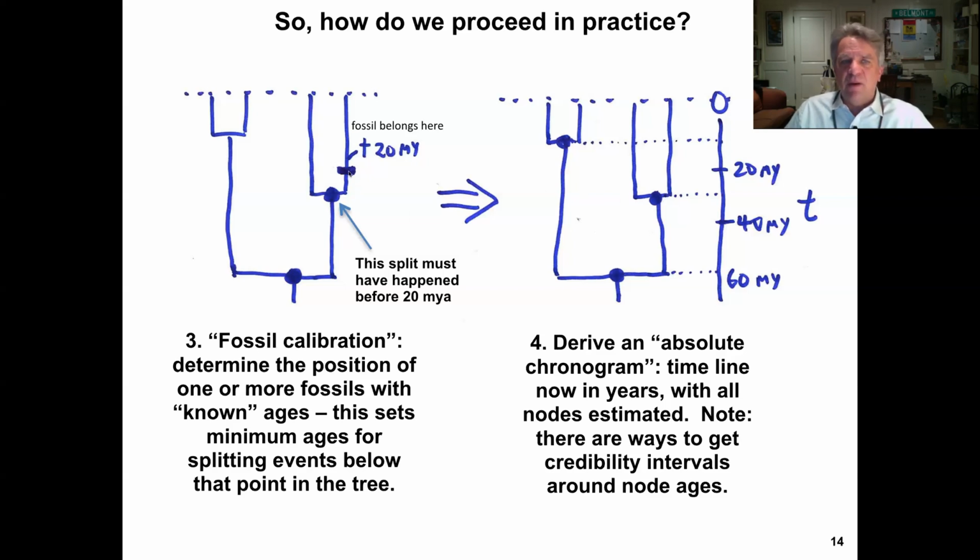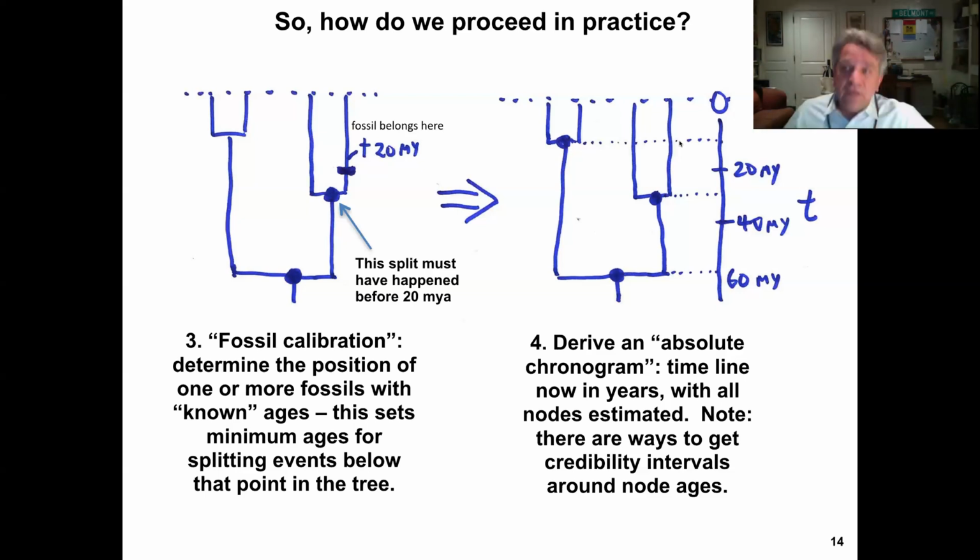And as I said, this must have happened sometime before 20 million years ago. Indeed, in this hypothetical example I've drawn out, the age of this node is reconstructed at some point that is older than 20 million years, but not younger.